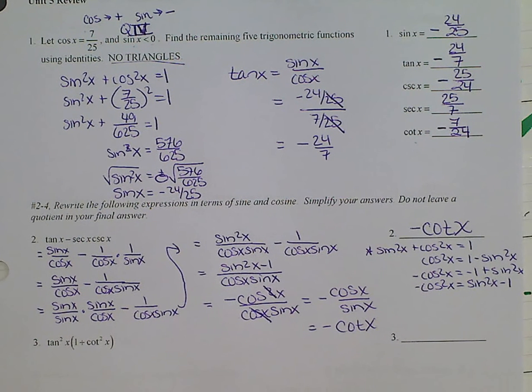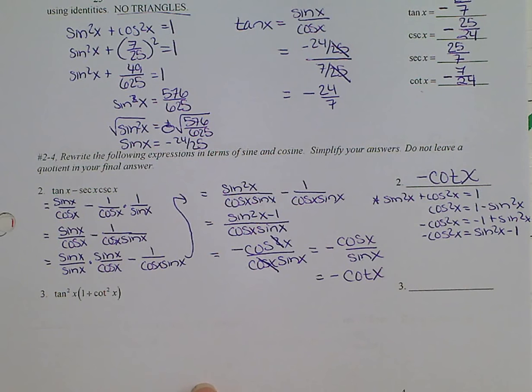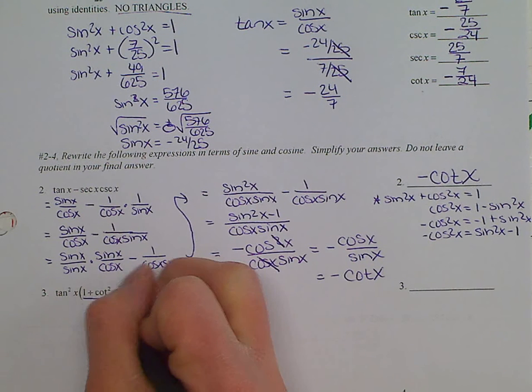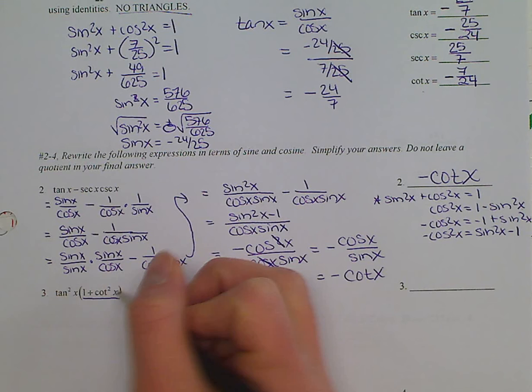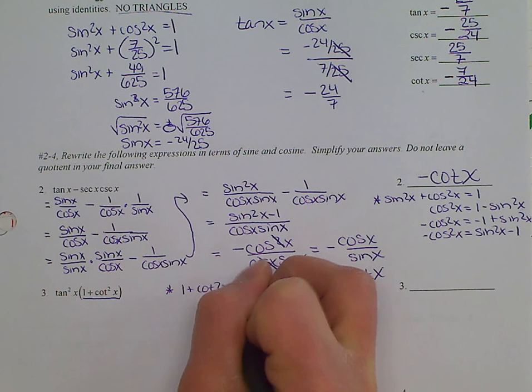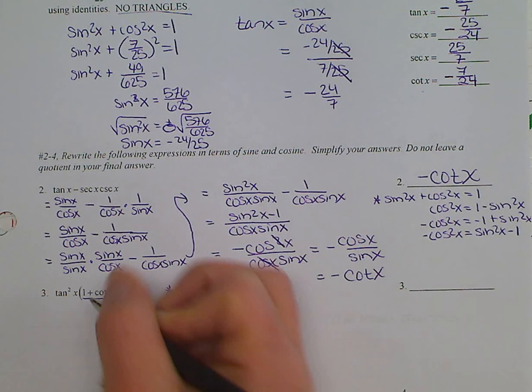In number 3, it does say to convert things into sine and cosine, but you don't necessarily have to do that immediately first. You can, but what I see here is a 1 and a trig function squared. We have a Pythagorean identity that 1 plus the cotangent squared is equivalent to the cosecant squared. So I'm actually going to do that first.